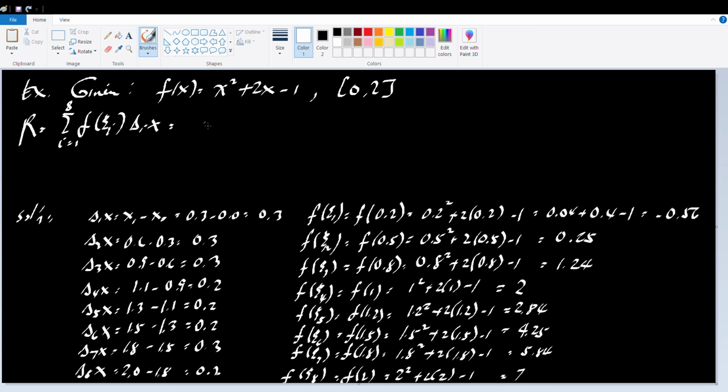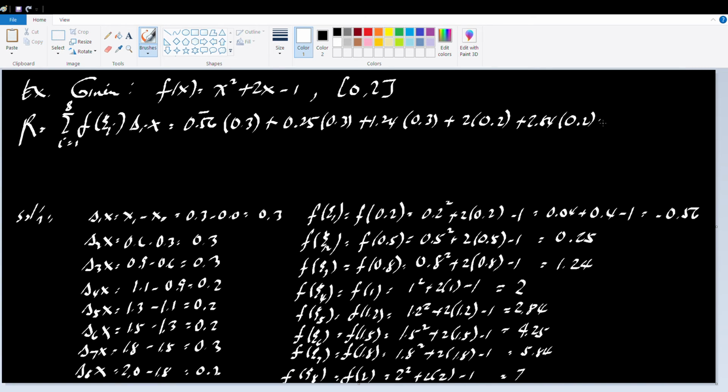That will be negative 0.56 times 0.3 plus 0.25 times 0.3 plus 1.24 times 0.3 plus 2 times 0.2 plus 2.84 times 0.2 plus 4.25 times 0.2 plus 5.84 times 0.3 plus 7 times 0.2.